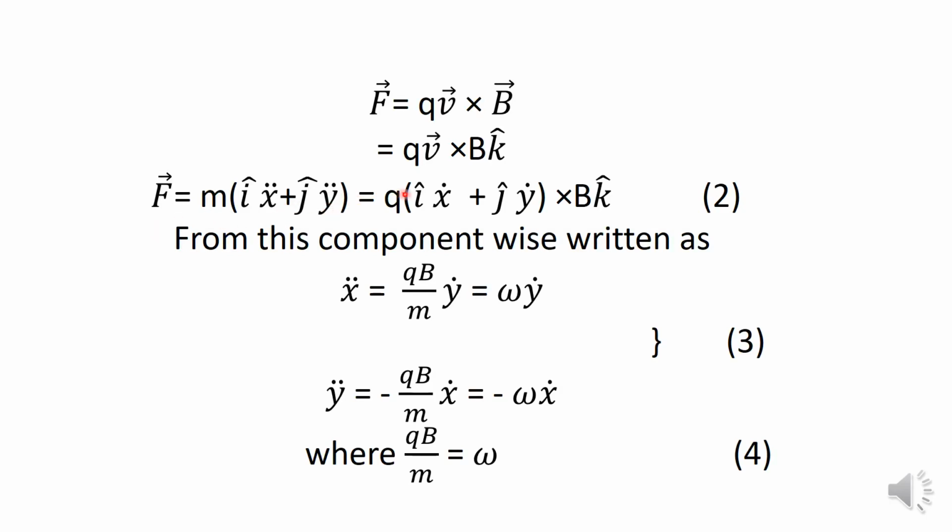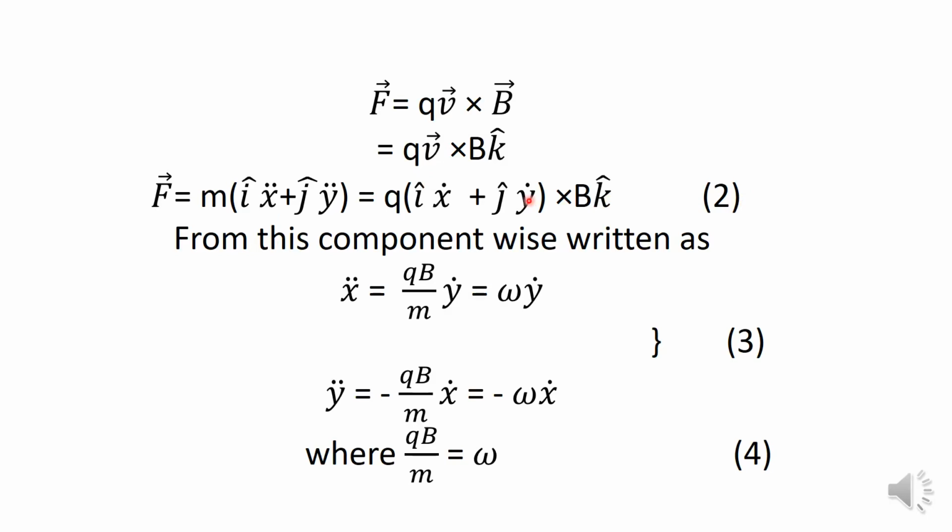And therefore m into i hat x double dot plus j hat y double dot is equal to q into the velocity V, whose components are i hat x dot plus j hat y dot, cross B k hat. This is equation number 2.